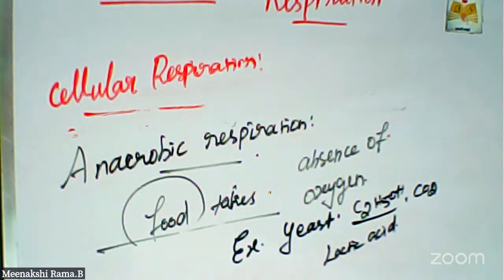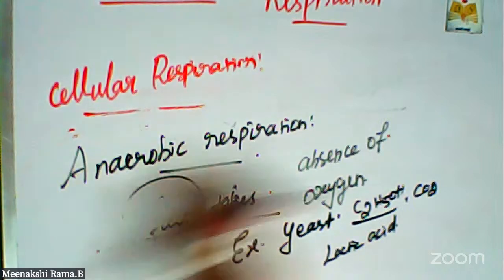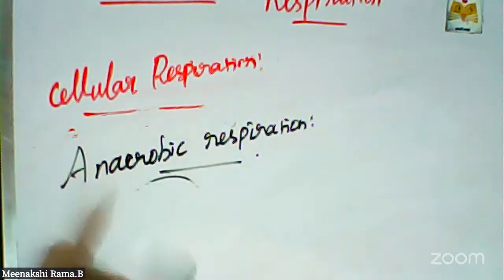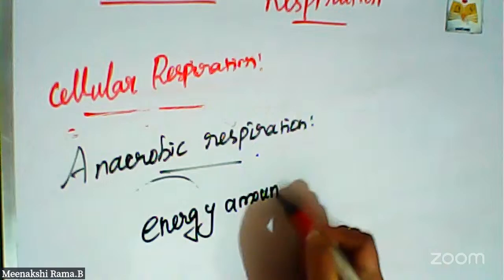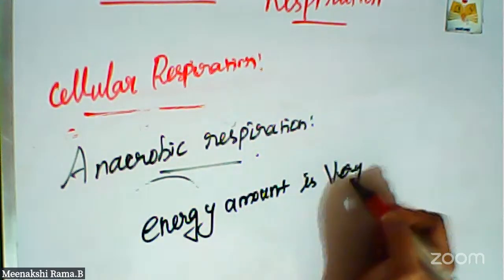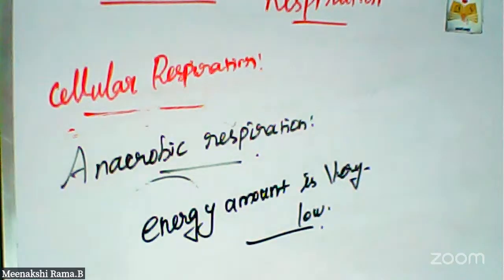This reaction releases only a very little amount of energy. A large amount of energy is released in aerobic respiration, but in anaerobic respiration the energy amount is very little, because they do not take in oxygen. The reaction releases little energy because glucose is not completely oxidized.